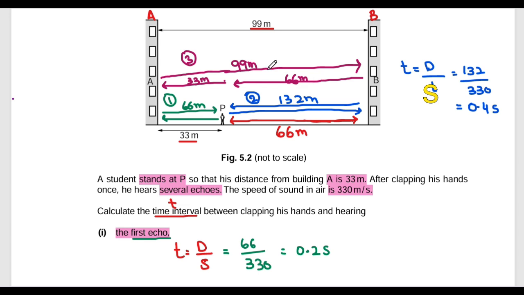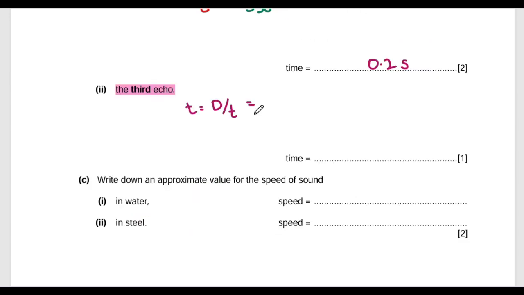So the total distance traveled by the wave is 198 meter. So I'll divide 198 by 330 again, because 198 is the distance and speed is 330 meter per second, and I will get the answer of 0.6 seconds. So after 0.6 seconds, he will hear his third echo.